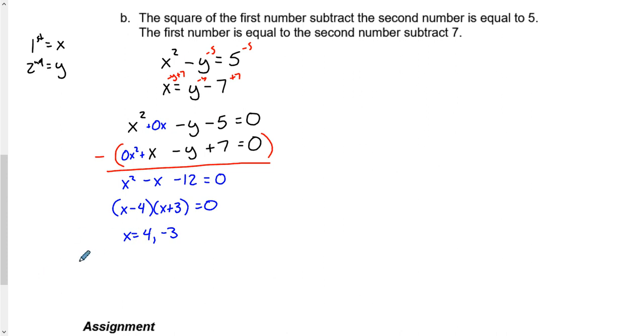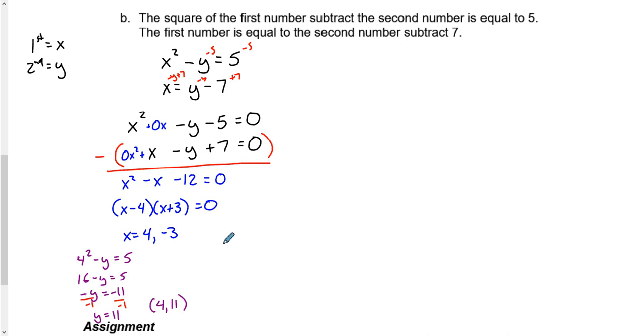So x is 4, 4 squared subtracting y equals 5. That's 16, subtracting y equals 5. I subtract my 16 over. 5 subtracting 16 is negative 11. Divide by the negative 1. Y equals 11. So this would be 4, 11.